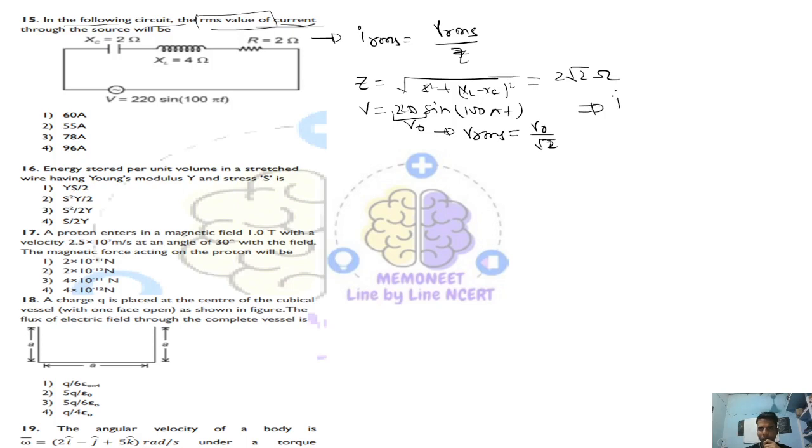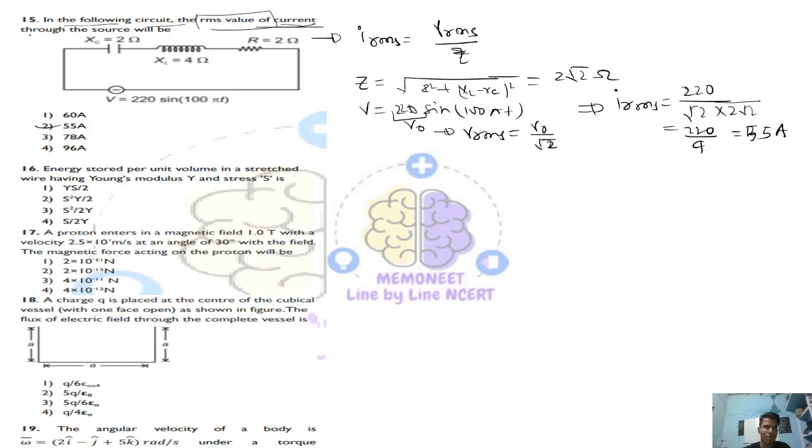So from here we get IRMS equal to VRMS upon Z, meaning 220 by root 2, into Z, where Z becomes 2 root 2. It becomes 220 upon 4, and once you solve it out, it will become the second option, 55 ampere. It is asking about the current. Yeah, 55 ampere.